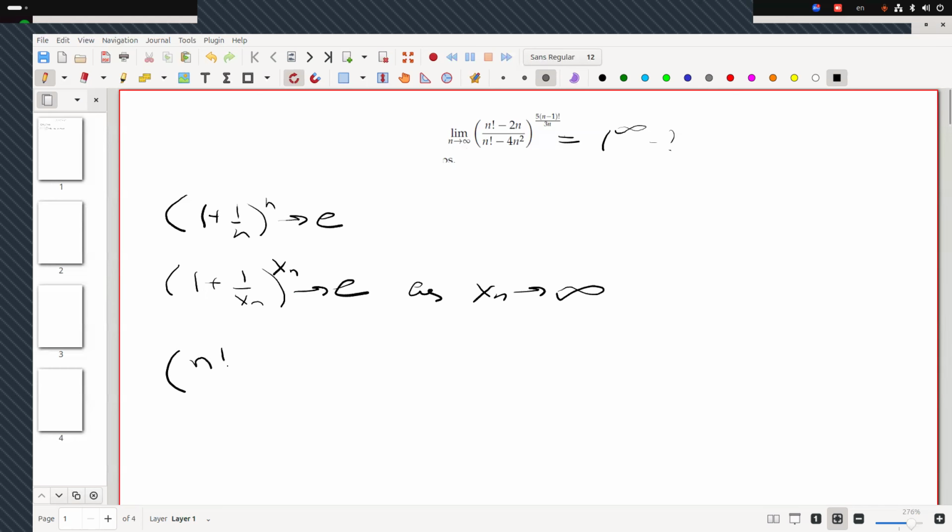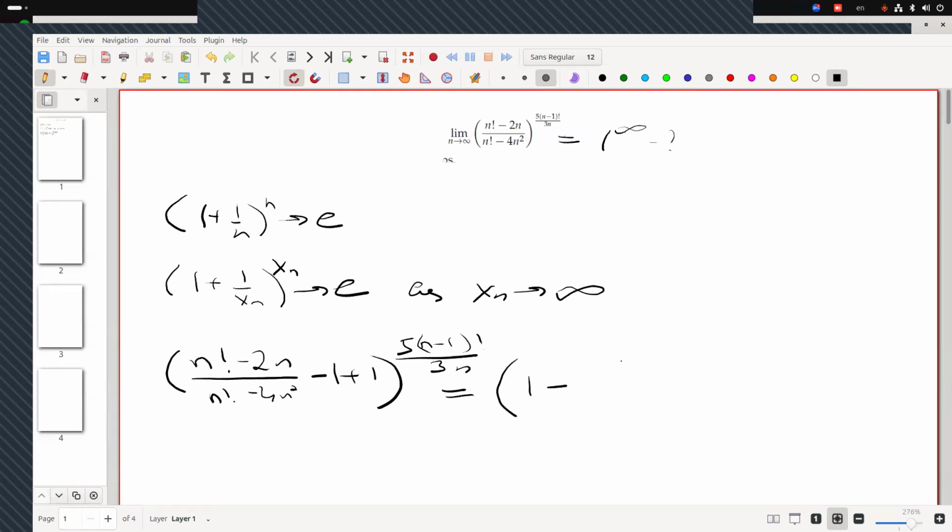If we do not see how we can make it a 1 plus term, let's add and subtract. So we have n factorial minus 2n divided by n factorial minus 4n squared. Let's write minus 1 and plus 1, taken to the power 5 times n minus 1 factorial over 3n. We write it as 1 plus, bring the first two terms into a common denominator.